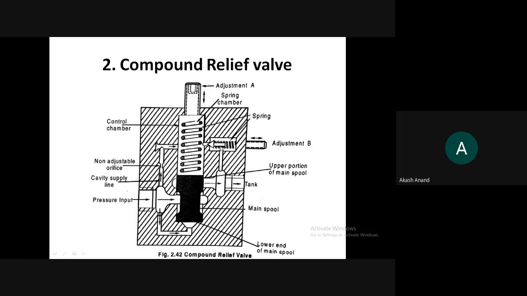It cannot escape through adjustment B, and a balance is obtained by equal areas at each end of the spool. So the top flow and bottom flow at the same time will create a certain type of movement.